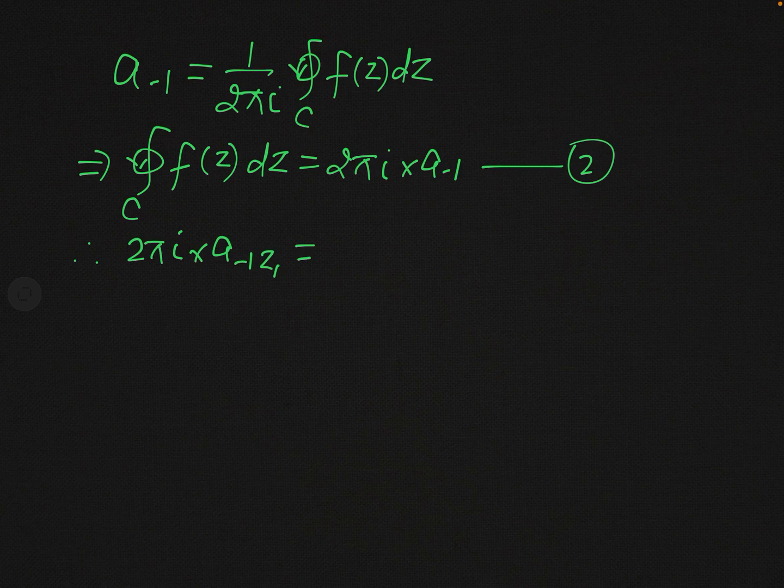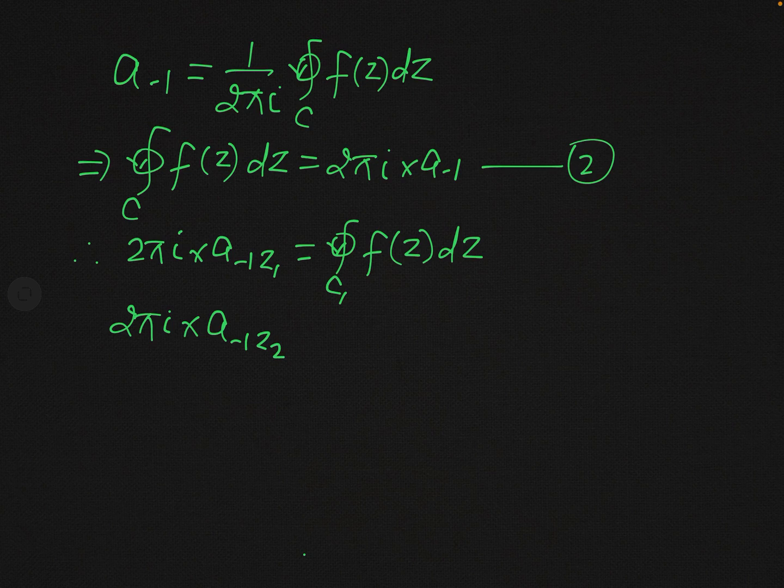It means this is the residue of f of z at z equal to z1. You can see z equal to z1 is the singular point which has been enclosed by the circle C1. So this can be written as integral along C1 f of z dz equals 2 pi i into the residue of f of z at z2.